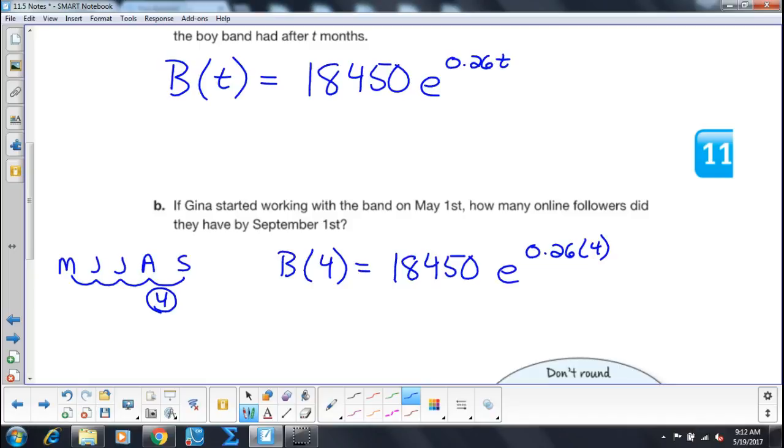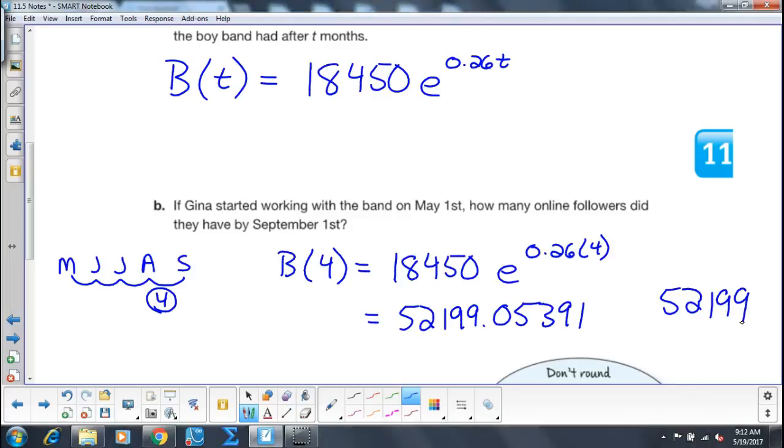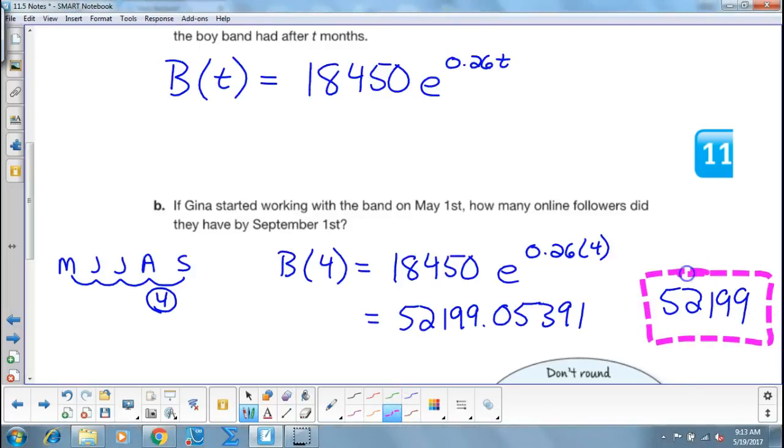I can't have half of a follower. How many followers does this band have now? 52,199. So we're going to round that to 52,199, because we got 0.05391.